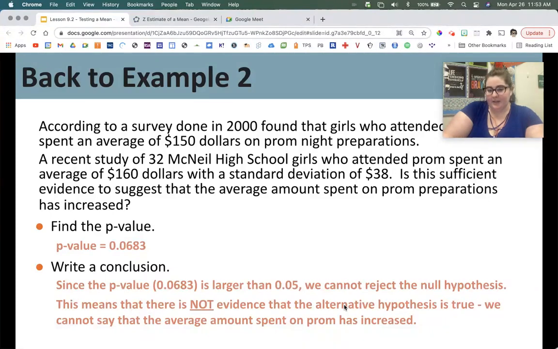There's not evidence that the average amount spent on prom has increased. Our sample data is a little bit higher than our hypothesized data. 160 is a little bit higher than 150, but it's not higher enough for us to doubt that the 150 is true. Remember, the 150 is about a population. The 160 came from a sample. Our sample data is always going to be a little bit off. So that's where all of this is coming from.